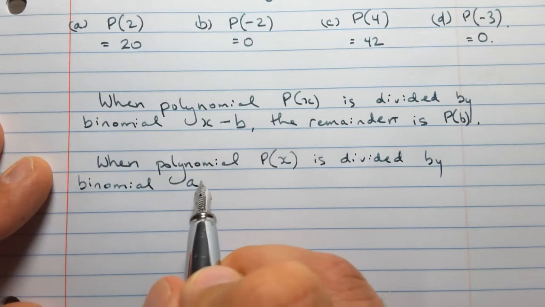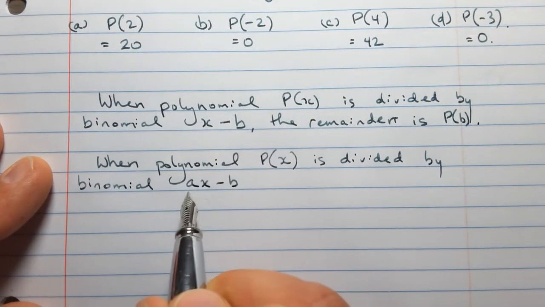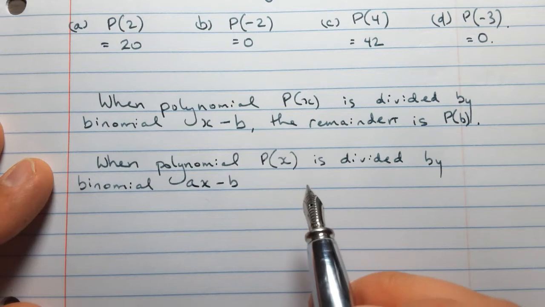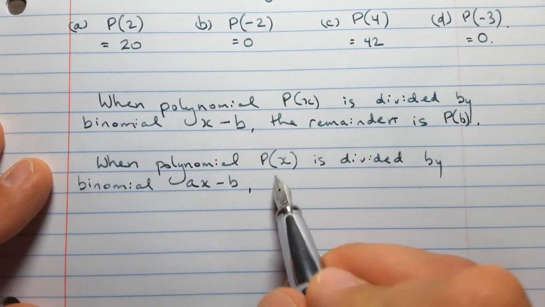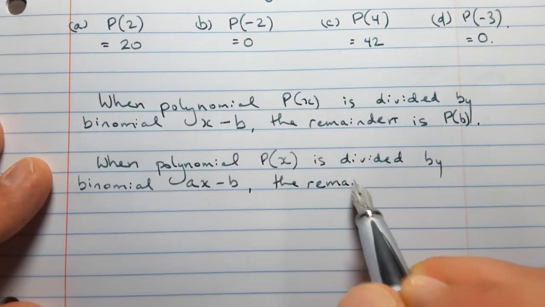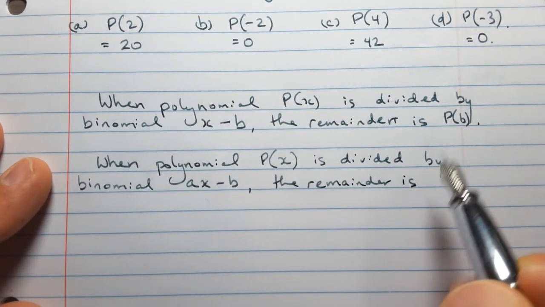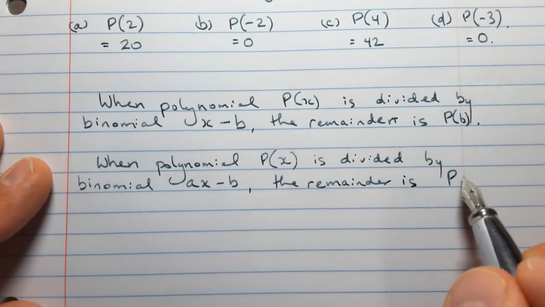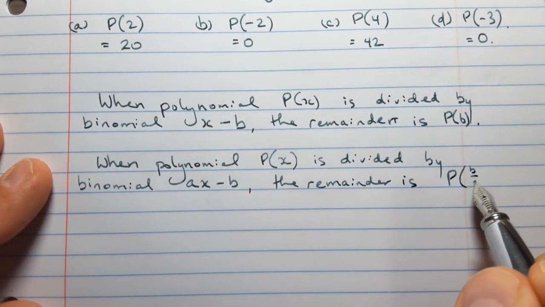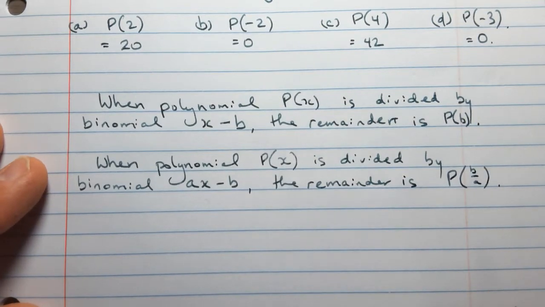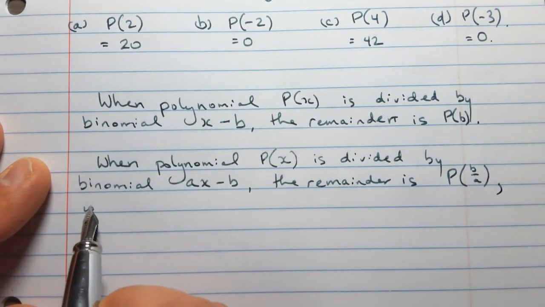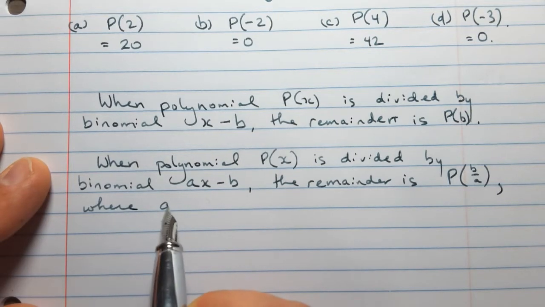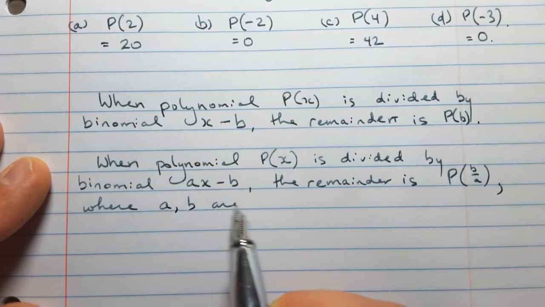It's going to be a times x minus b. So we have a number, a coefficient out there. The remainder is a little bit different. It's p at b divided by a. Now that leads us to a couple of special restrictions. So let's just put a comma there. So the remainder is that. And I also have to say where a and b are integers.